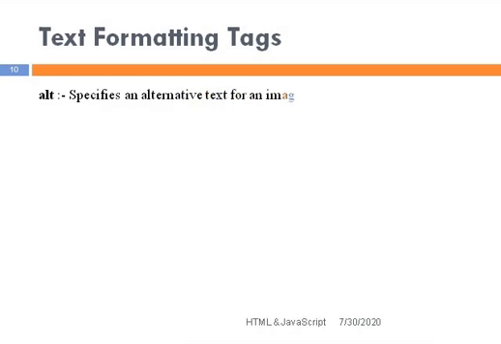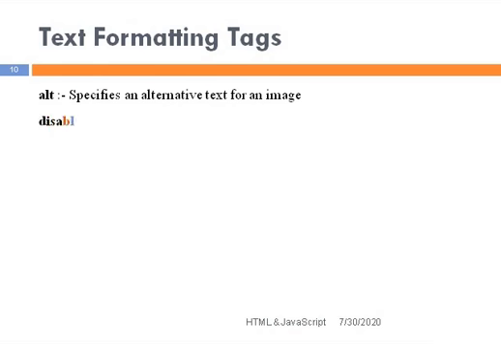It specifies an alternative text for an image. Means if you are displaying an image in the web page, then by using the ALT tag you can write some alternative text for an image. Alternate text can be written for an image.